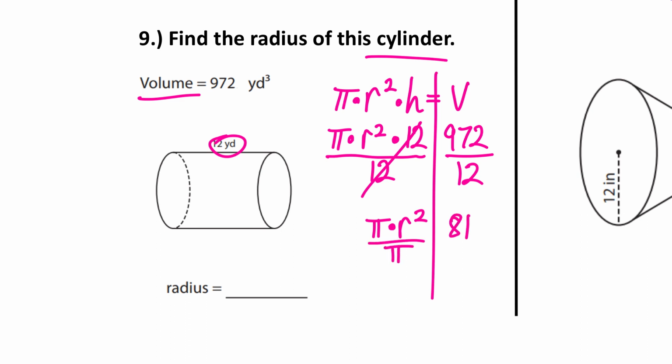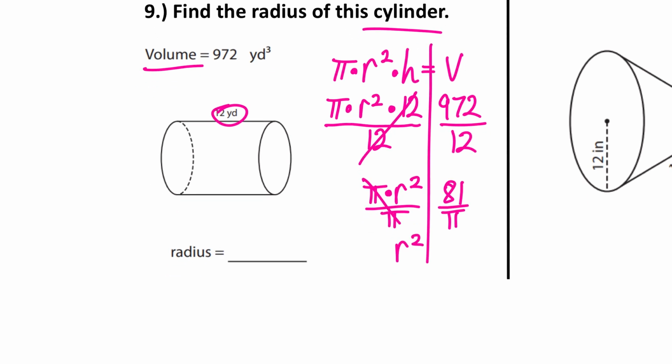All right, then I'm going to divide both sides by pi. 81 divided by pi is 25 point something, 25.78. All right, then one more step. I got to get rid of this square. How do I get rid of a square? What's the opposite of square? Yes, it's the square root.